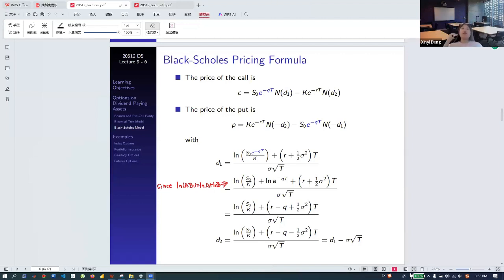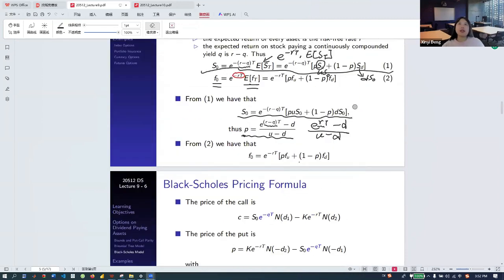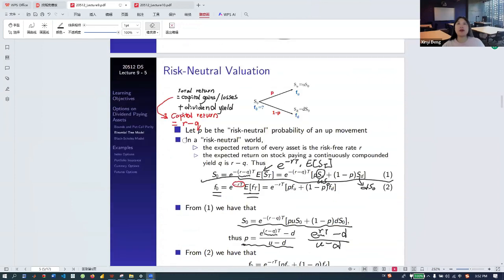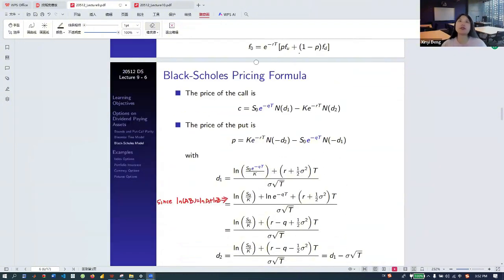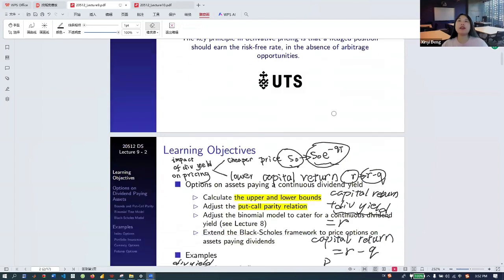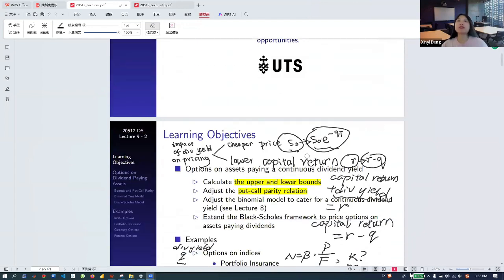For the Black-Scholes model, unlike the risk neutral valuation part where we use the intuition of lower return, for the Black-Scholes pricing formula we again use the intuition that we start off with a lower stock price.